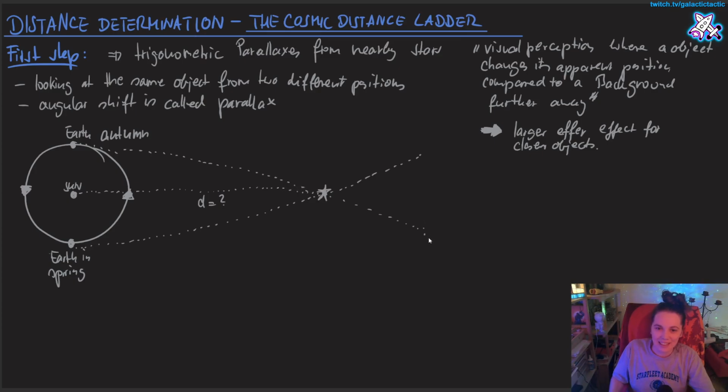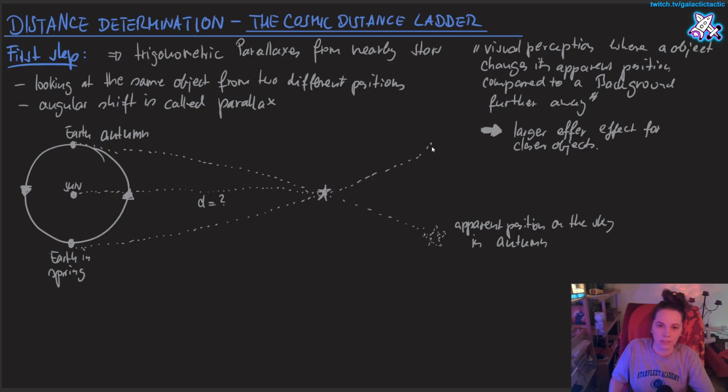So this is not actually the star, right? It just appears here. It's the apparent position on the sky in autumn.